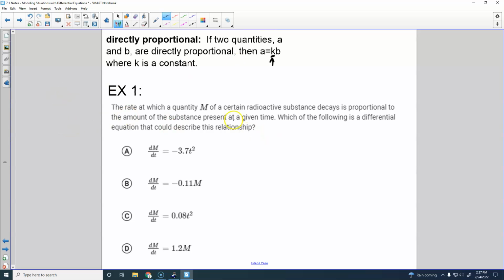So let's look at this problem. The rate at which a quantity M of a certain radioactive substance decays is proportional to the amount of substance present at a given time. Which of the following is a differential equation that could describe this relationship?